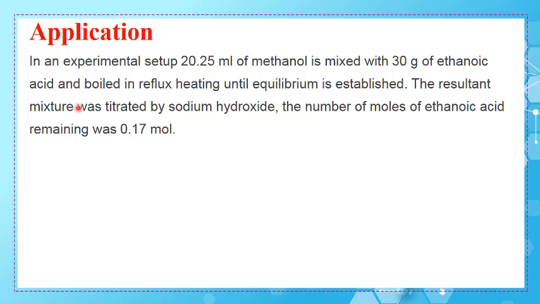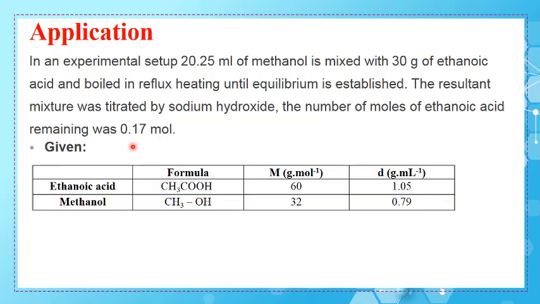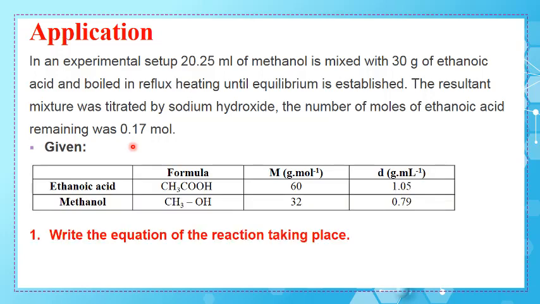The resultant mixture was titrated by sodium hydroxide, and the number of moles of ethanoic acid remaining was found to be 0.17 mole. This is the given. What is the first part? It's to write the equation of the reaction taking place. Please do a pause. Pay attention that the alcohol is methanol and the acid is ethanoic acid, and write the equation.